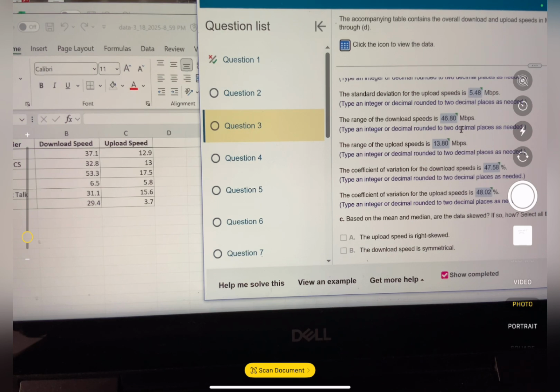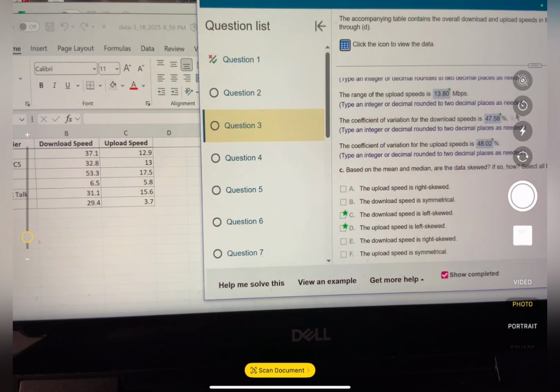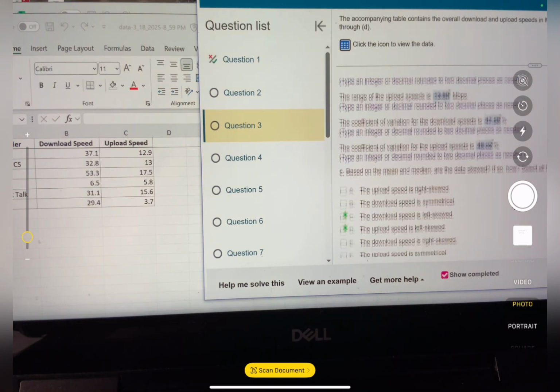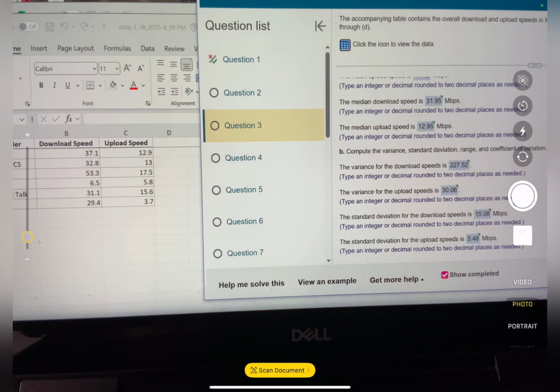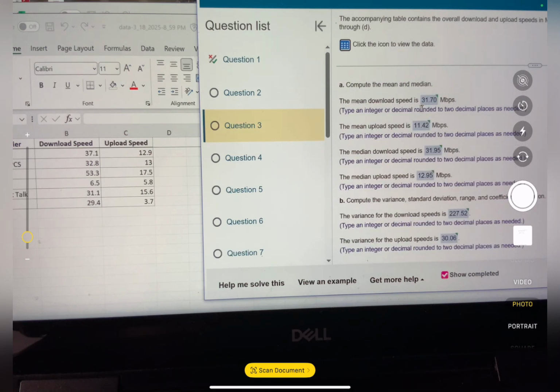Okay, so we need to compare the mean to median, for download speed and for upload speed. How much is my mean for download speed here? 31.7, and the median for download speed 31.9.